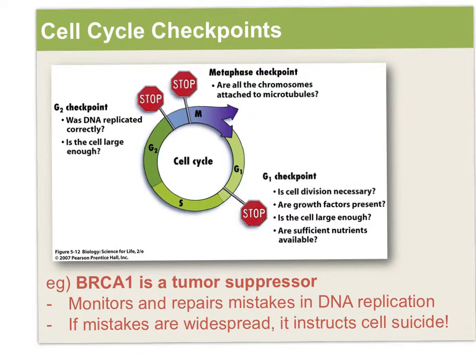Now, BRCA1 and 2 are the tumor suppressor genes that are the basis for a lot of breast cancers. Women who have a mutation in them have a much higher risk of actually developing breast cancer. A lot of women who discover that they have this mutation decide they're going to have both breasts removed because they think the risk is too high.